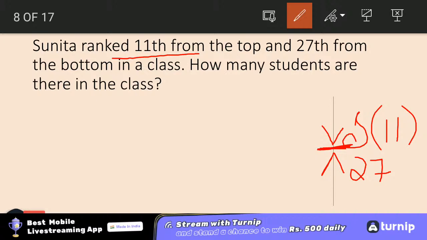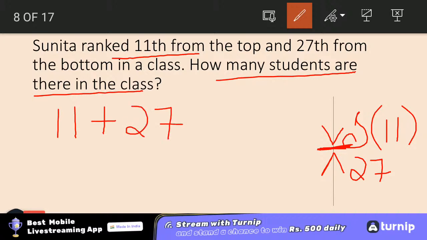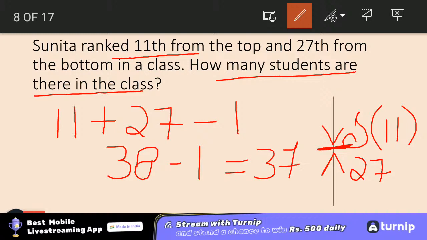And we have already discussed that if we need to find the total number of students in the class, we add both the positions, the starting as well as the ending position, and then we subtract 1 because Sunita has been counted twice. Perfect, students. So 38 minus 1 is 37. There are 37 students in the class.